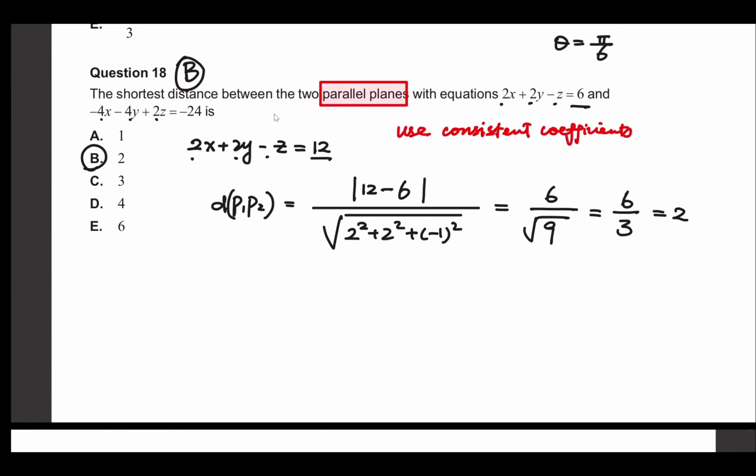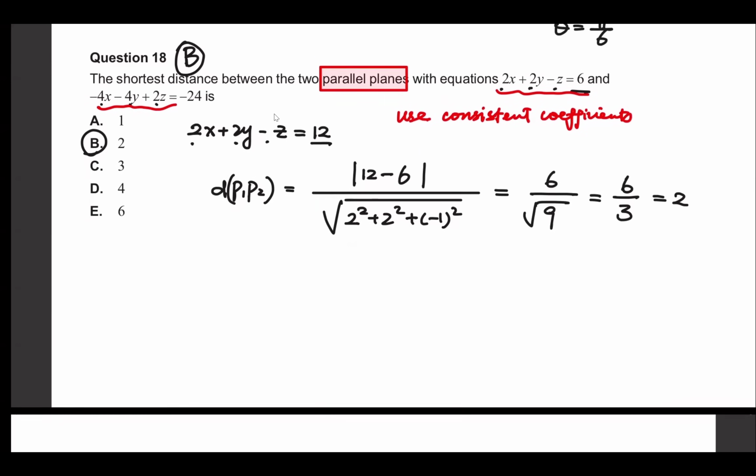Of course, you could opt in for the longer way, say pick a point on this plane here, say (0, 0, -6), and then pick another point on the second plane, say (0, 0, -12), or whatsoever, and then do a scalar resolute onto the common normal vector. That is another possible method.